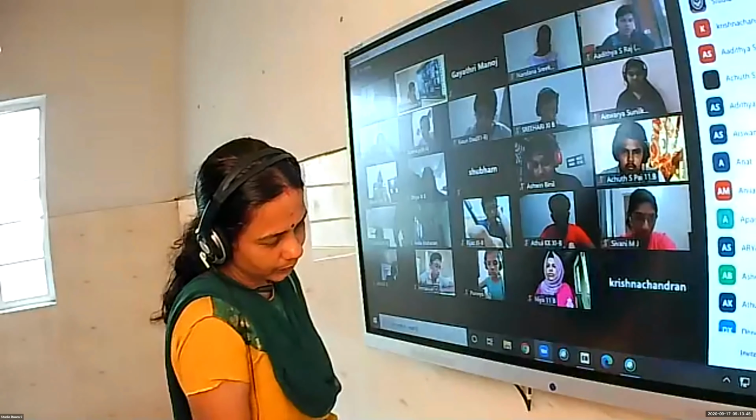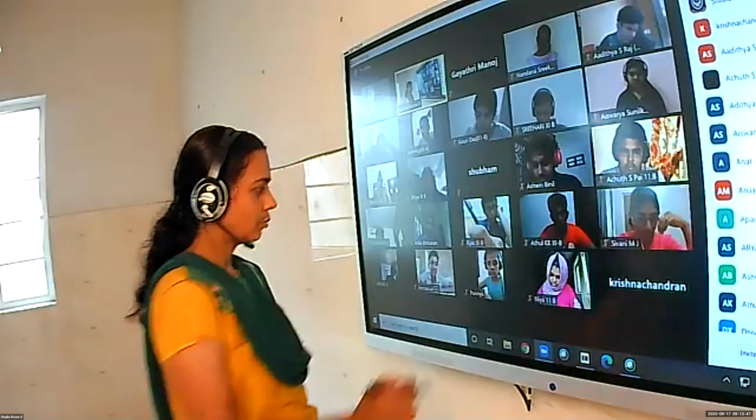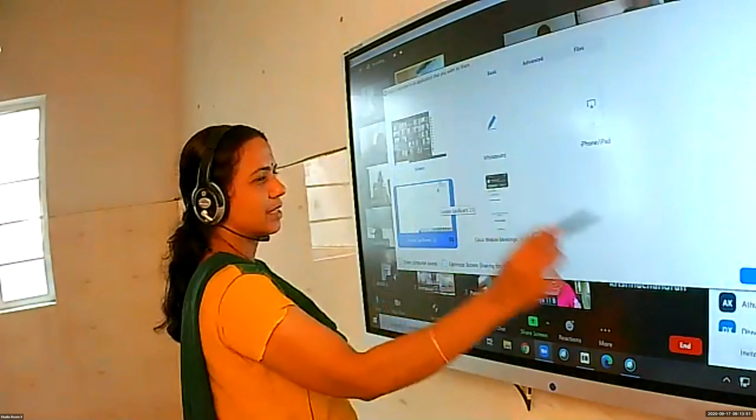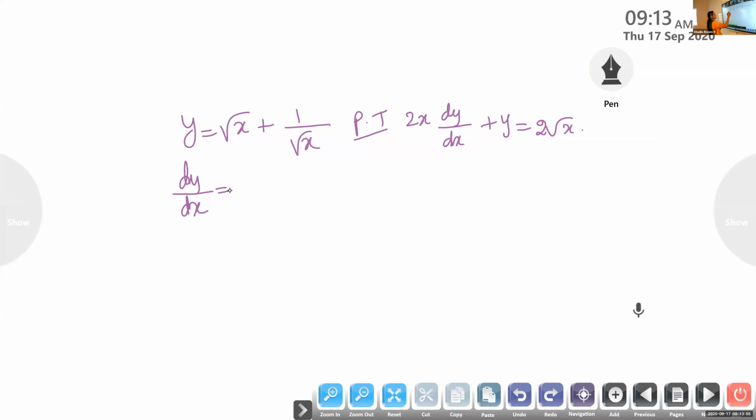How are you getting that one? Derivative of root x is 1 by 2 root x. What is the derivative of root x?